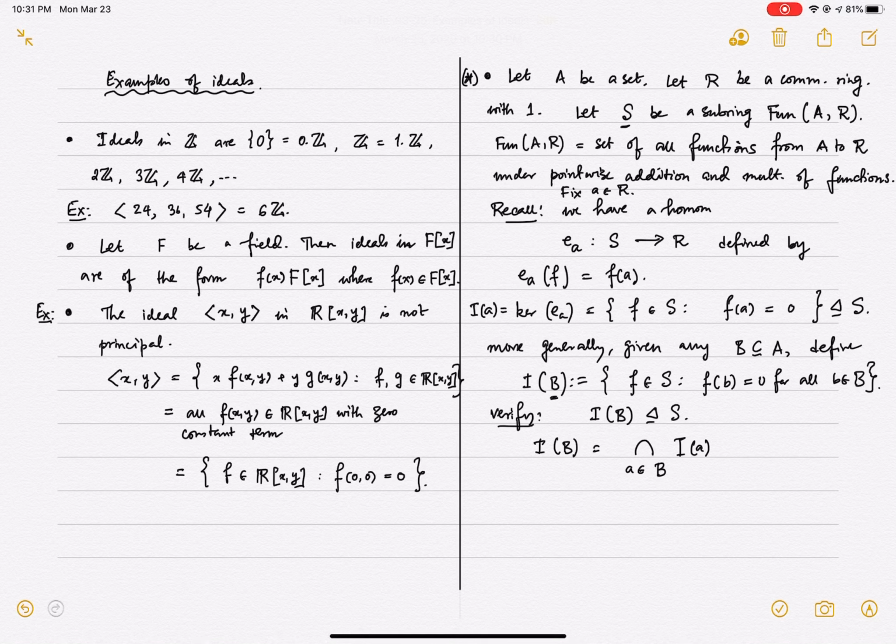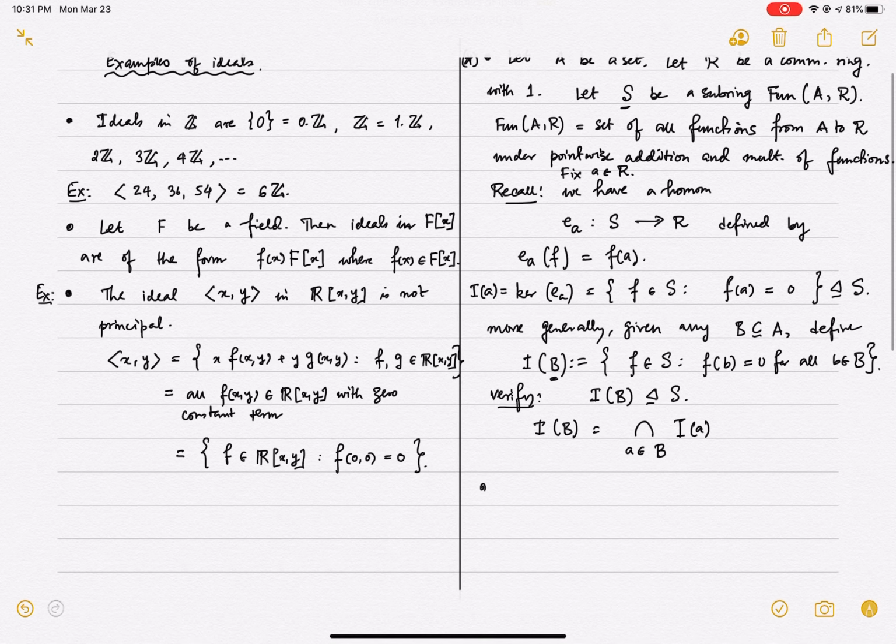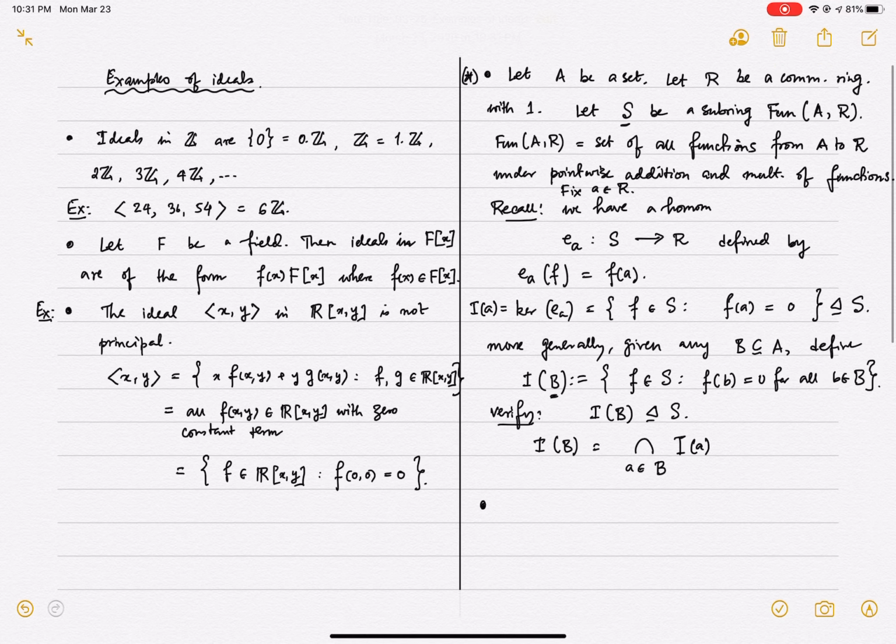Maybe I'll just give you one more, because we don't have any non-commutative example here. Actually, there is a special case of this example studied in the notes.